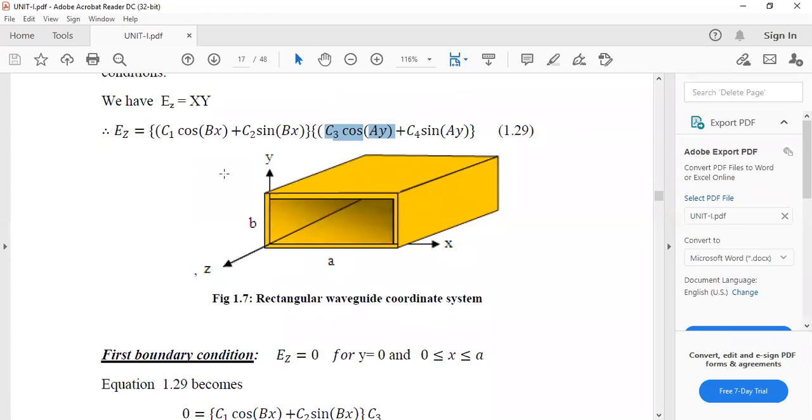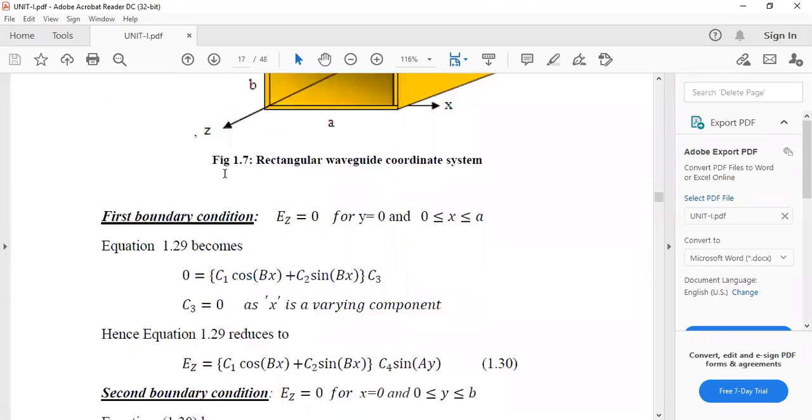Now we can rewrite this equation. Our Ez is equal to C1 cos bx plus C2 sin bx, and now there is no C3 component. Why? Due to the first boundary condition, C3 is equal to 0, so C3 is eliminated. Now we have only 3 components: C1 cos bx, C2 sin bx plus C4 sin ay.